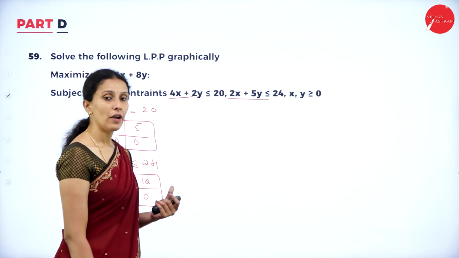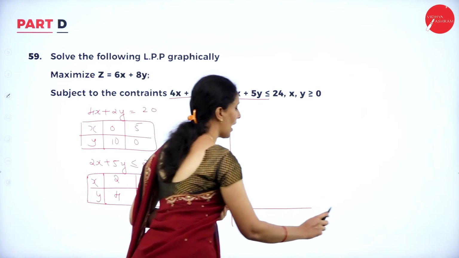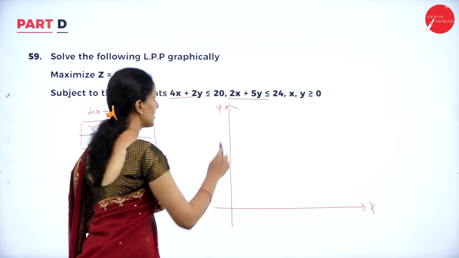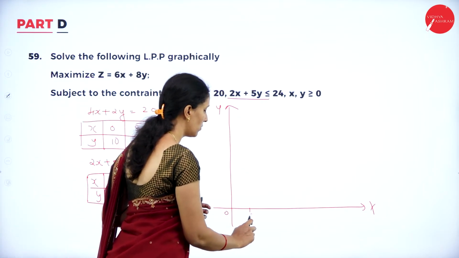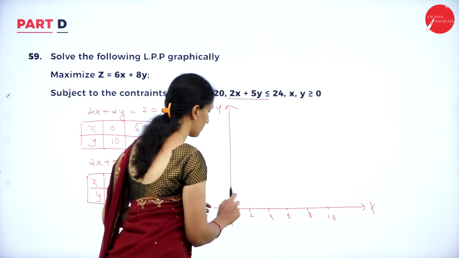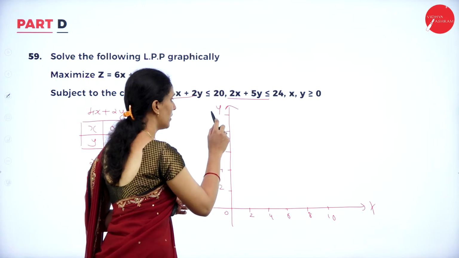So once you have found the coordinates, you can draw a graph. So x-axis, y-axis. So let us write the coordinates. We have 0, 2, 4, 6, 8, 10.